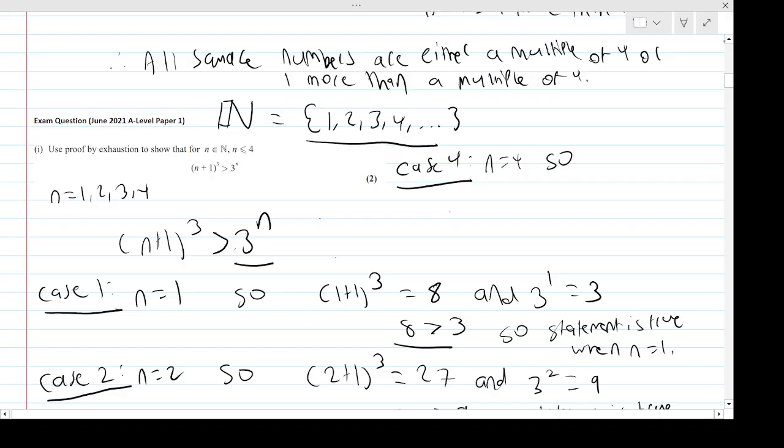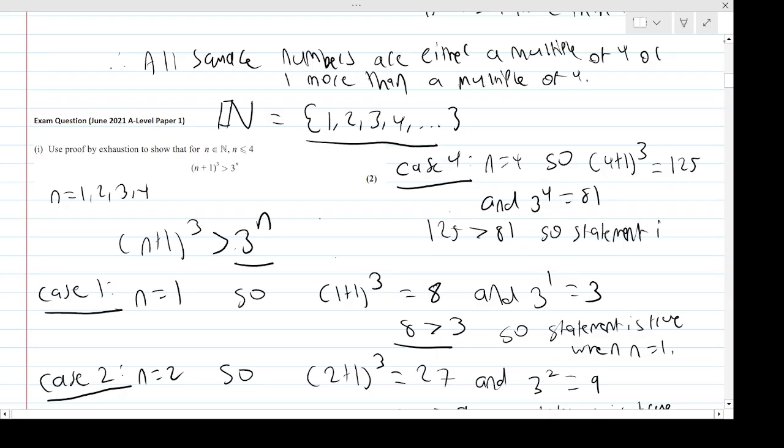Then (n+1) cubed would be 4 plus 1 cubed, which is 5 cubed, which is 125. And 3 to the 4 is 81. We can spot that 125 is indeed greater than 81. So the statement is also true when n is 4.